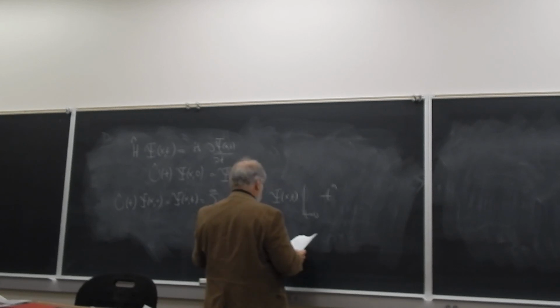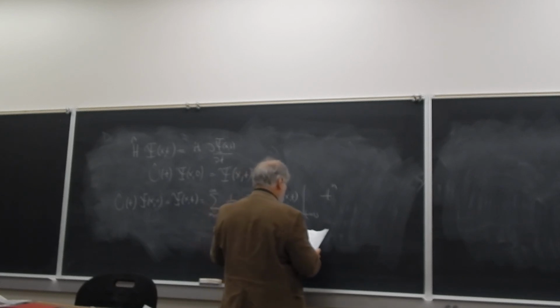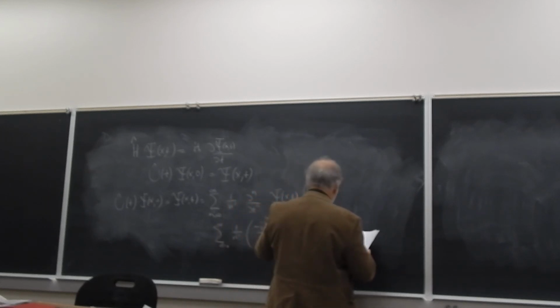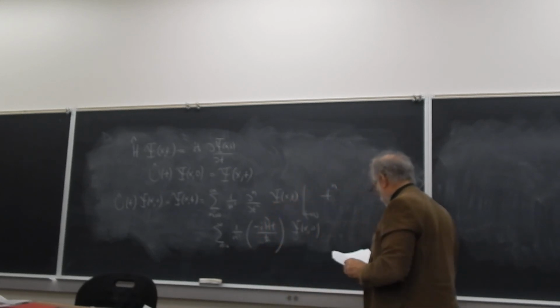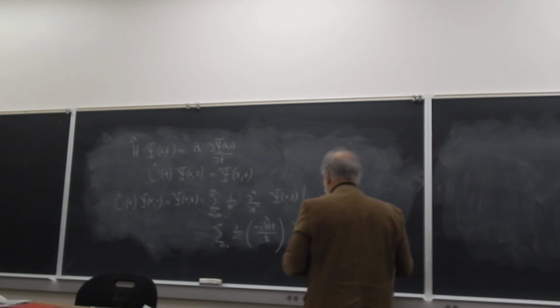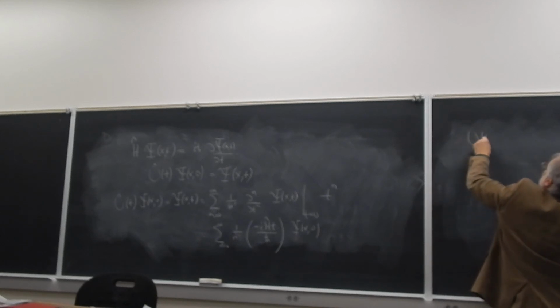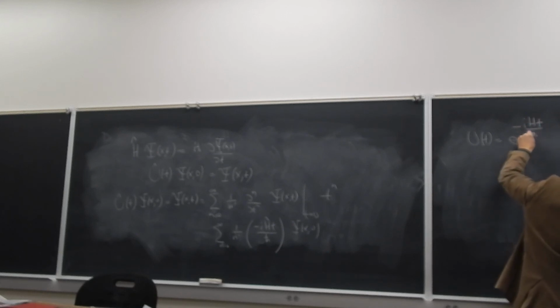Well, that just becomes the sum from n equals 0 to infinity of 1 over n factorial, minus i H t divided by h bar, to the n, times psi of x, 0. So it's a fairly simple way to do this. If H doesn't depend upon time, all I have to do is exponentiate, and I will get that U of t can be written as e to the minus i H t over h bar.